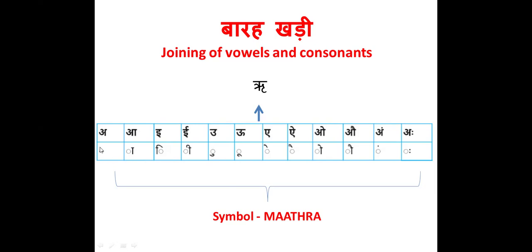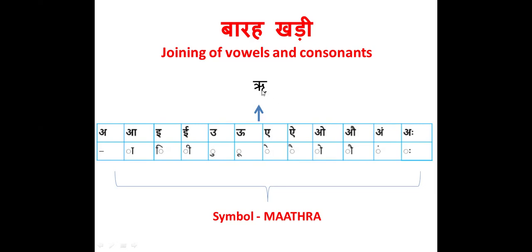Here, for A, no symbol. For Aa, you have to put one standing line. This is the symbol for I. This is the symbol for U. This is the matra for Ri or Ru, this curve.